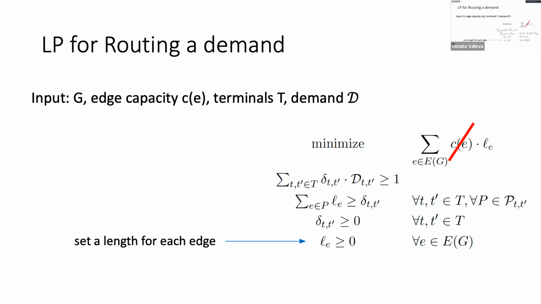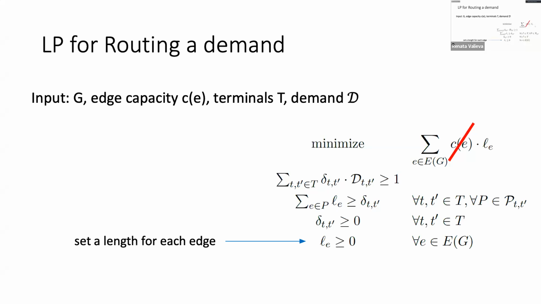Okay, so if you write down some LP and take the dual, you know that if the primal is some flow, then the dual variables have the meaning of length. And this is the case here too. L_e is where we assign a length variable. And delta, what is delta?